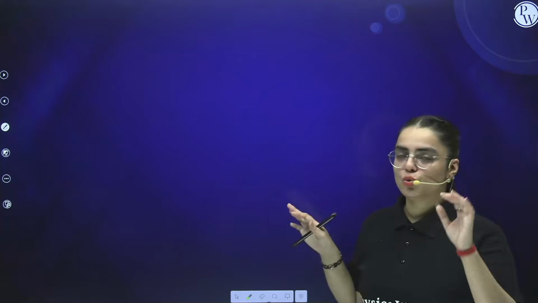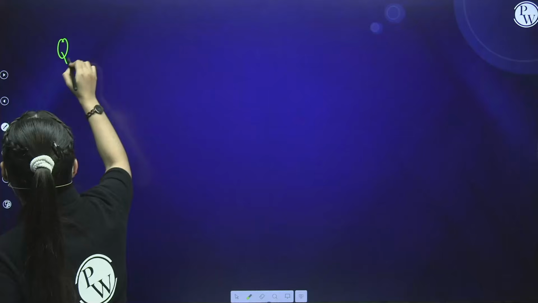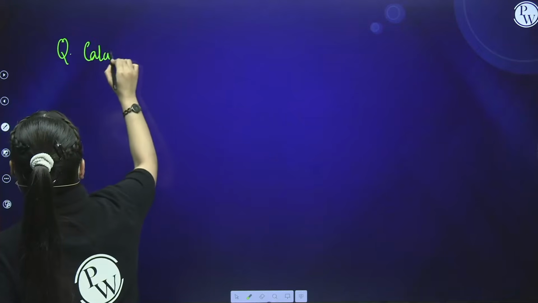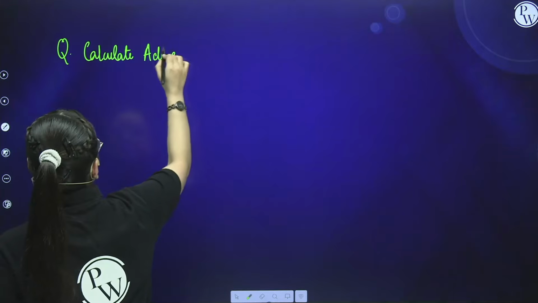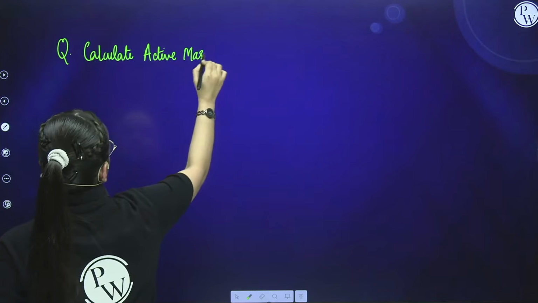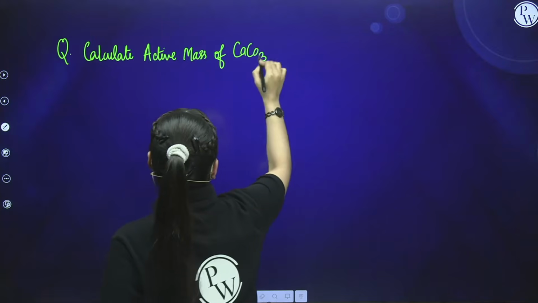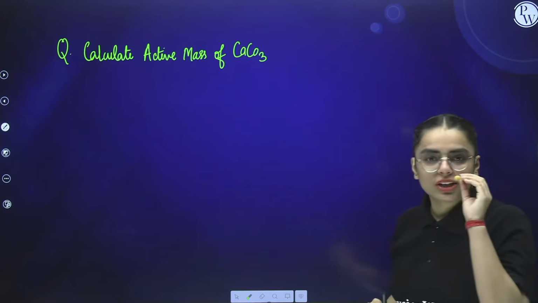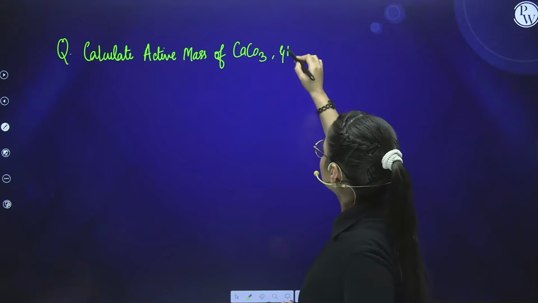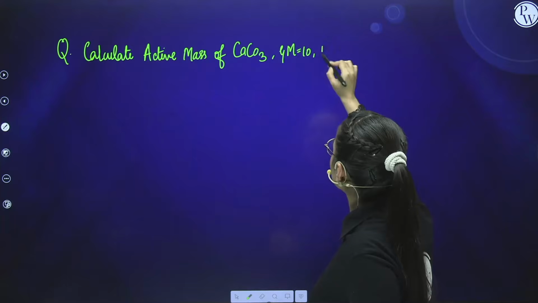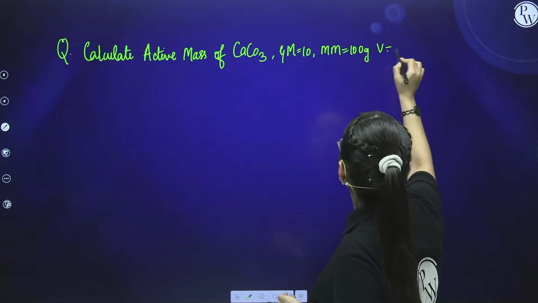Calculate the active mass of CaCO3, given mass as 10 gram and molecular mass as 100 gram, let us say. This is just an example. And the volume is 1 liter.